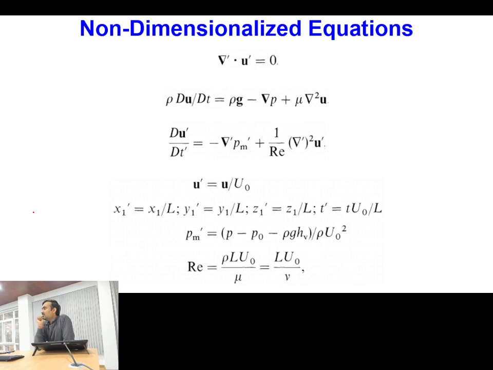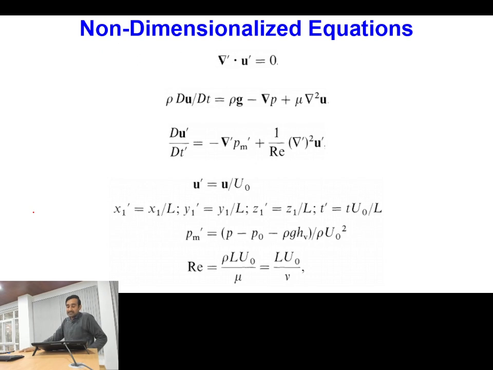But if you non-dimensionalize the equations, you will find that a group of parameters is clubbed together in the form of dimensionless quantities. It means the dimensionless quantities will always result in a lesser number of parameters in comparison to the actual number of parameters associated with the flow situation.